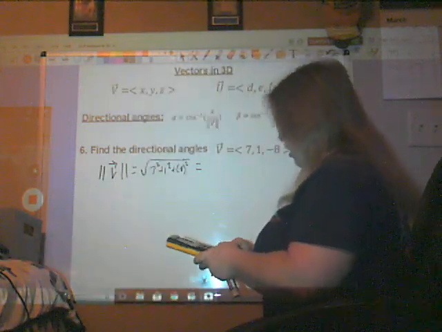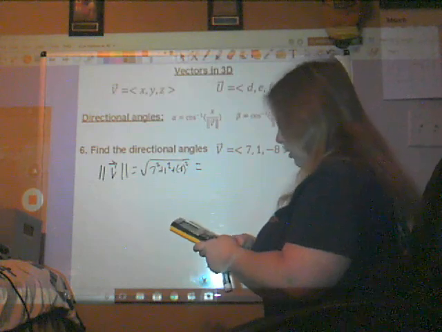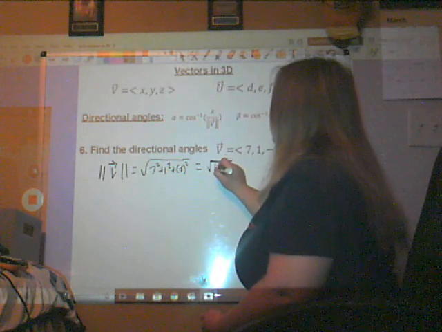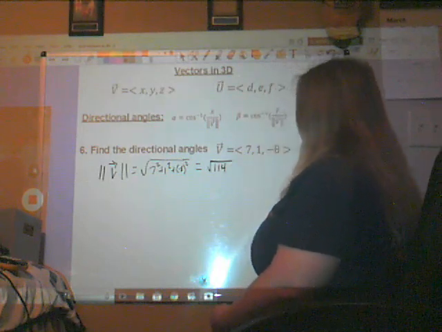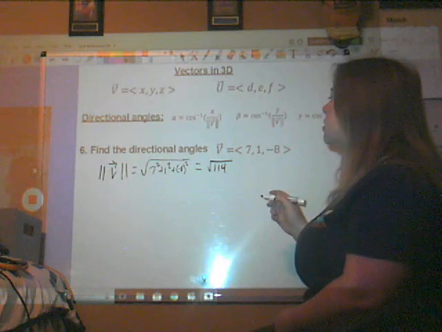Okay, so that is 7 squared plus 1 squared plus -8 squared, which is 114. So we have the square root of 114. And we can leave it just like that. Don't worry about simplifying that one because it's going to go in a cosine.